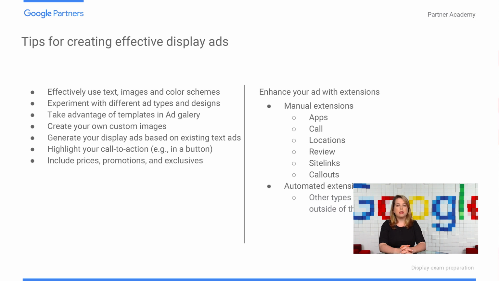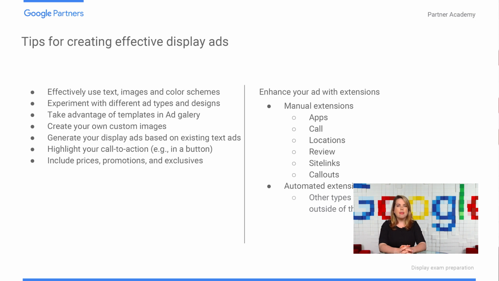Some extensions are manually added, others are automated. Here are some types of manual ad extensions. An app extension, sending to a link for downloading your app. A call extension that lets people click to call your business. A location extension that shows where your store is. Review extensions that showcase positive third-party reviews.